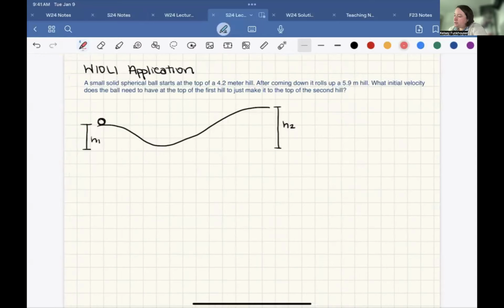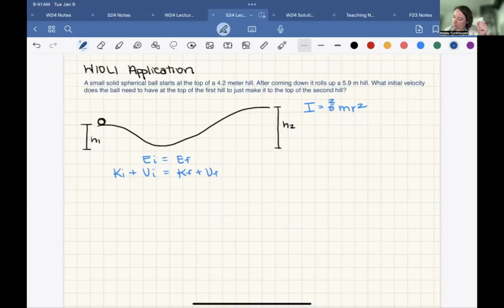So, first thing is this is a small solid spherical ball, and it's rolling. So let's get the rotational inertia of a sphere, and that is 2/5 mr squared. Okay, now we'll do our conservation of energy, where kinetic energy initial plus our potential initial equals our final kinetic and final potential.